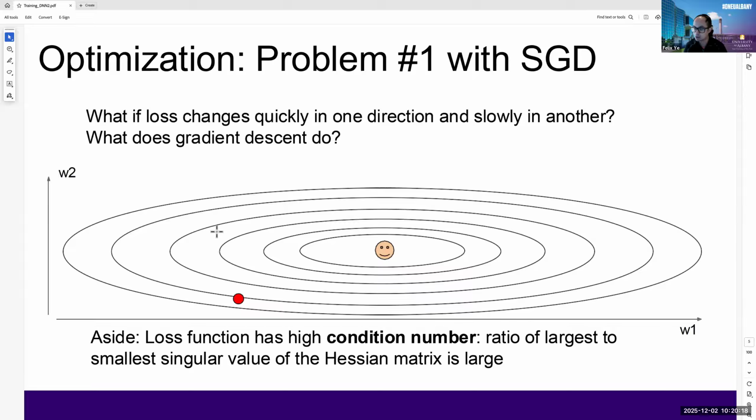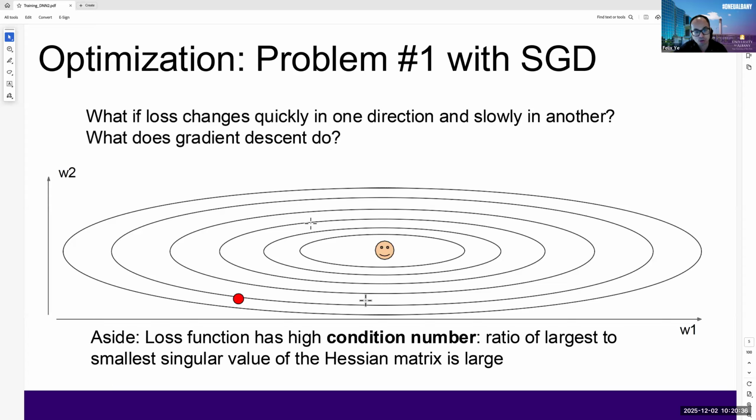But there are other issues in stochastic gradient descent, particularly if we have a pretty bad loss function. For example, suppose the loss changes quickly in one direction and slowly in the other.